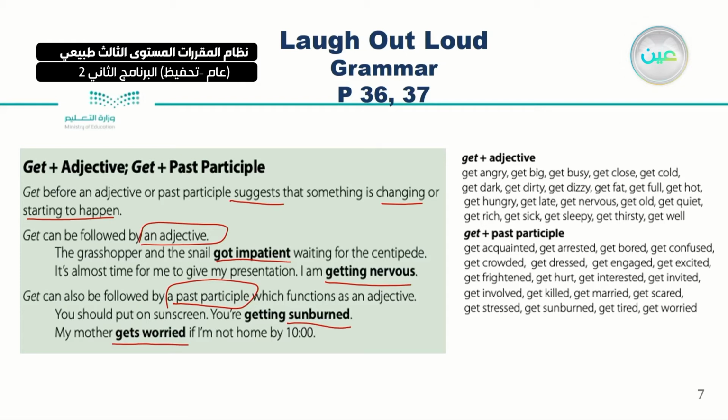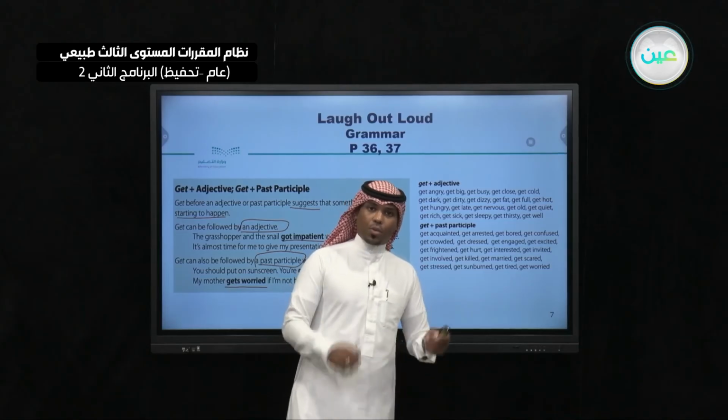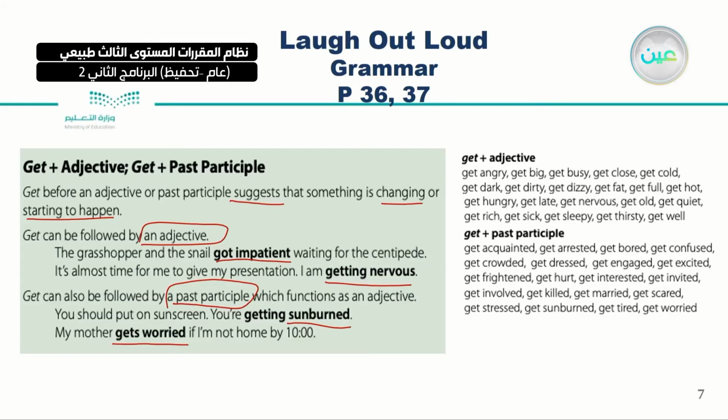For example, get crowded, get frightened, as I said earlier, the past participle and the adjective itself. And get stressed. Here, get sunburned, as we did in the previous example. Get tired. Why did you get tired? From studying, for example. So we have a cause here. So adjectives and past participles, we can use after get.